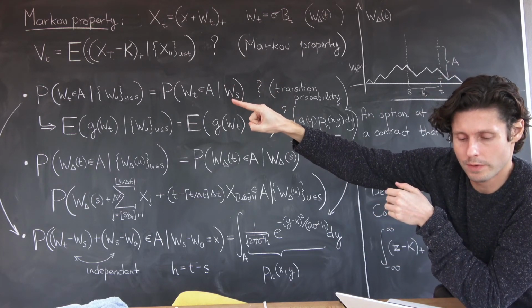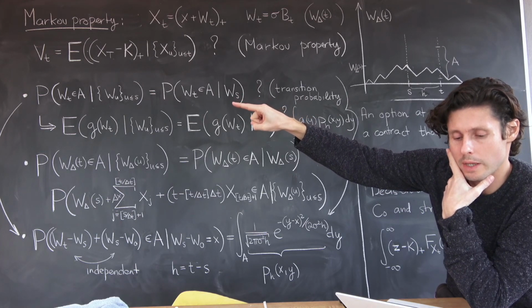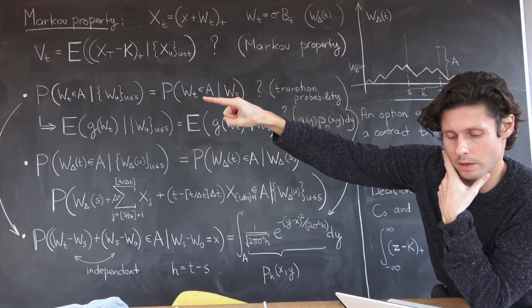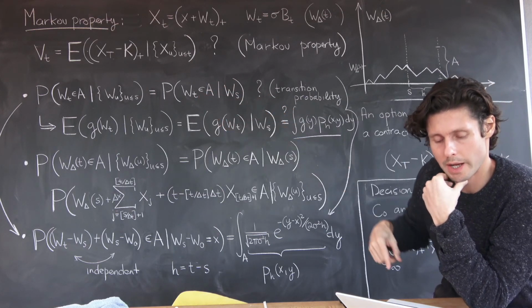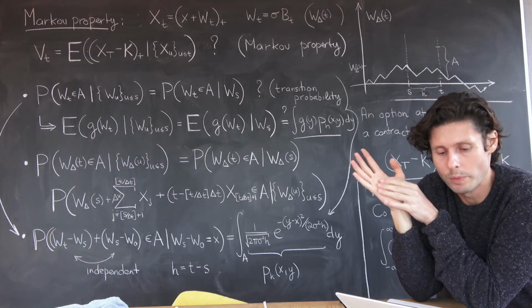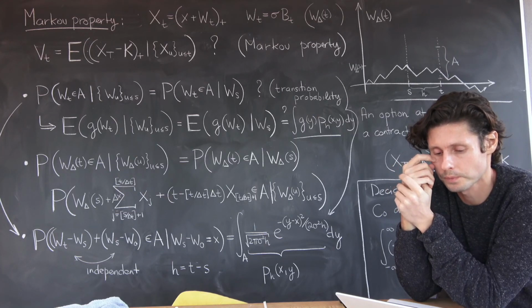It starts off at some time s, and we're looking at the probability that it enters some set A, a subset of the real numbers, at time t. That sounds exactly like a transition probability, similar to transition probabilities for Markov chains.